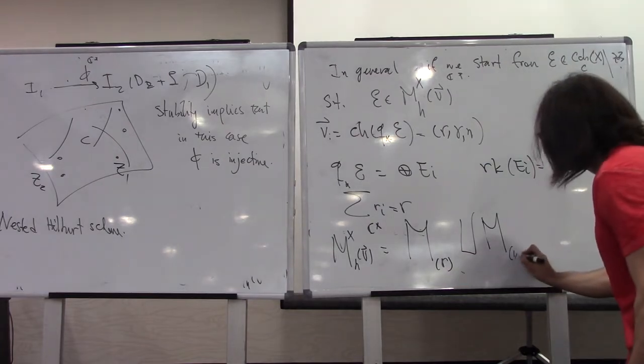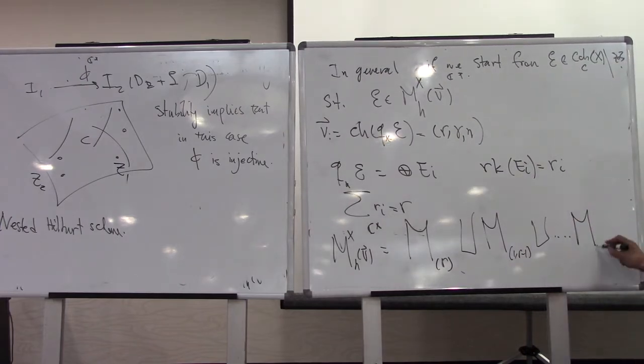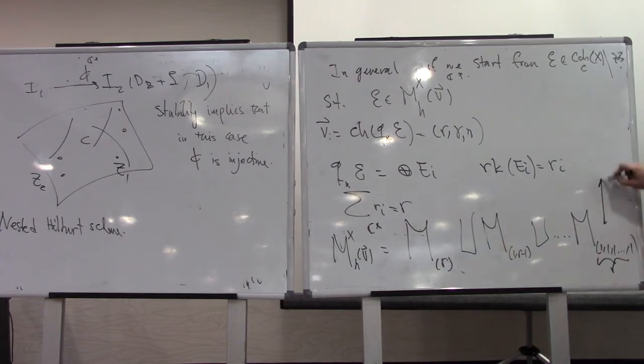So this is this partition. And it keeps going. And eventually, you hit this 1, 1, 1 partition R many times. This is the one that in this case of rank 2, we call nested Hilbert scheme.